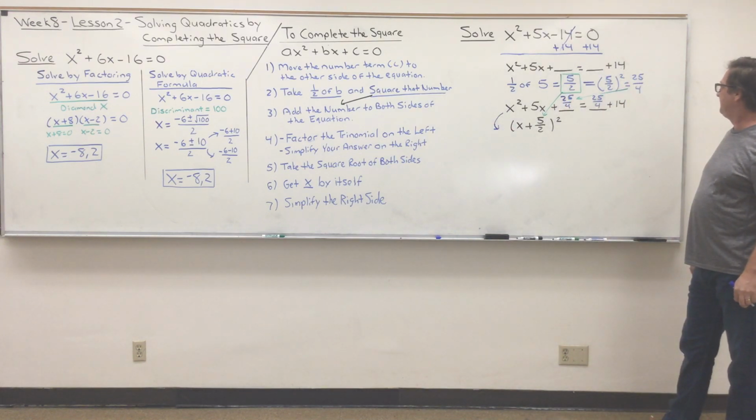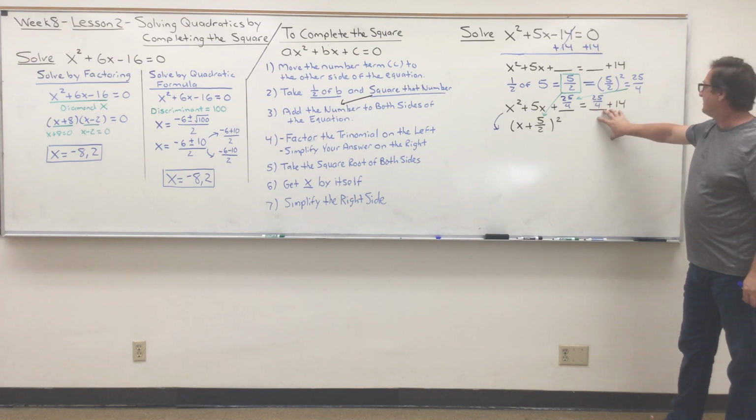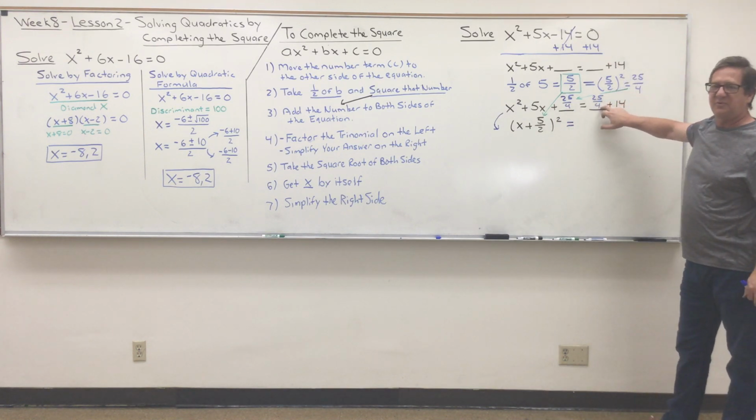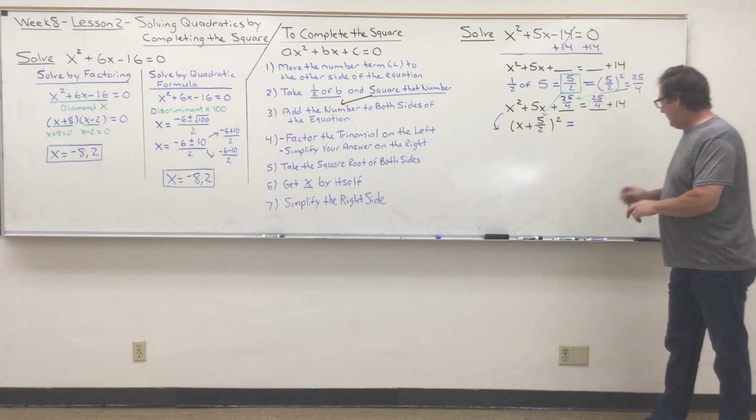That's not too bad. Now over here, you could easily, like I said, take a calculator. I don't want a decimal, but you could actually easily take a calculator and just do 25 over 4, your fraction button, plus 14, and you get an answer.